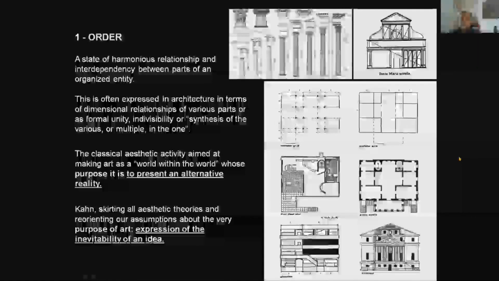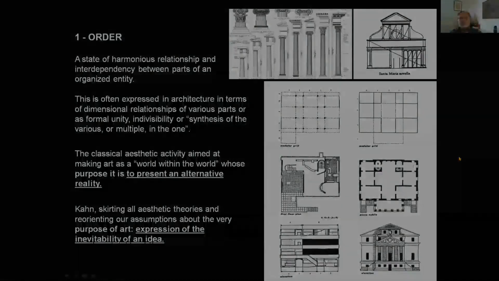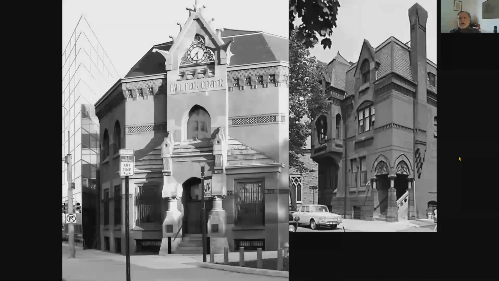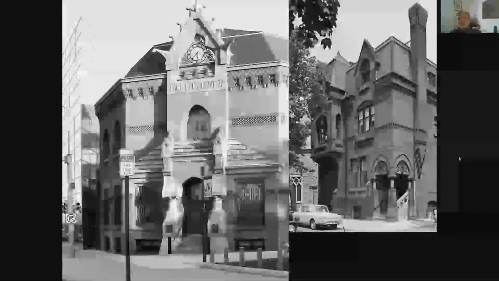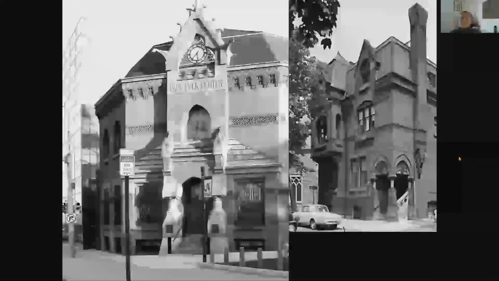Kahn, on the other hand, looks at an idea, as I said last time, that it comes from the inner self, and unless there is a sense of inevitability, it will not survive. And it was that inevitability that makes him skirt around all these notions of proportions and dimensional unity, golden sections, etc., etc. This can best be explained by the architecture of an American architect, Frank Furness.